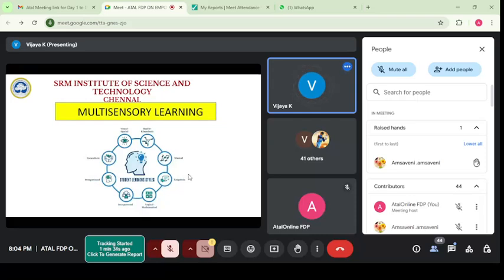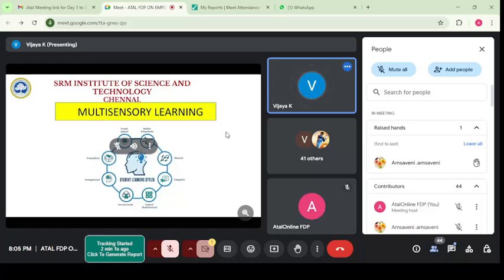But not all students would be using the same sense for greater learning. Each student might have different senses that are used more effectively when compared to others. And here are some of the senses that contribute towards learning whatever is being taught.